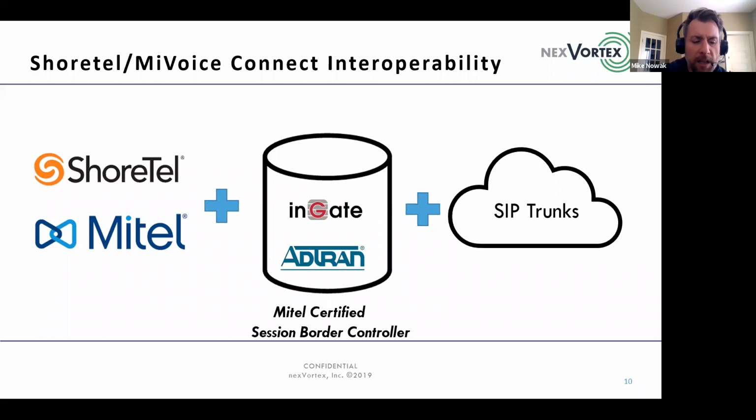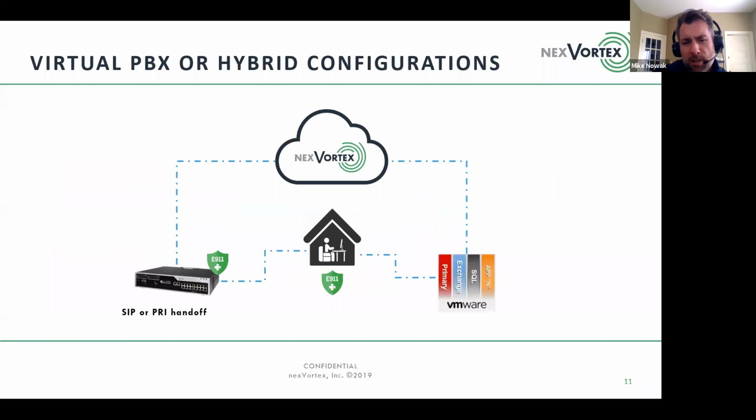If there's PRI connectivity today and there are PRI cards already installed, we do offer to hand off PRI services from those SBCs if needed, and that is not uncommon. So you do need to address the session border controller piece. nexVortex provides the AdTran service if you don't have it included with the service packages.